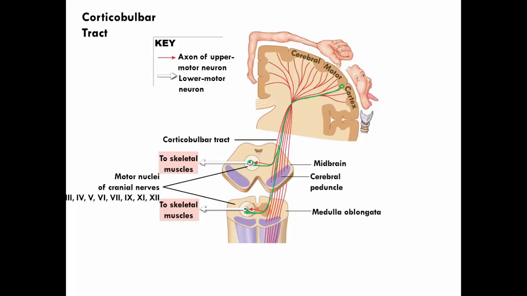And these lower motor neurons will carry the signal towards a skeletal muscle effector. And which skeletal muscle effector depends on which cranial nerve nuclei has lower motor neurons that have been signaled. So just generally we can say that these lower motor neurons are going to be sending signals to skeletal muscles in the face, so you can control your facial muscles, to the tongue, as well as to the skeletal muscles of the eyes, and also some skeletal muscles of the neck.